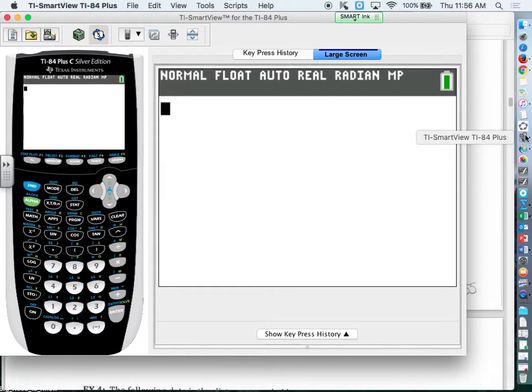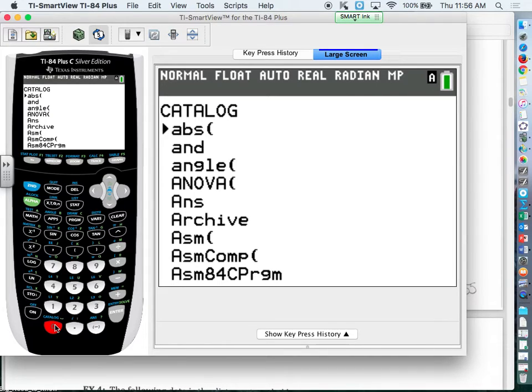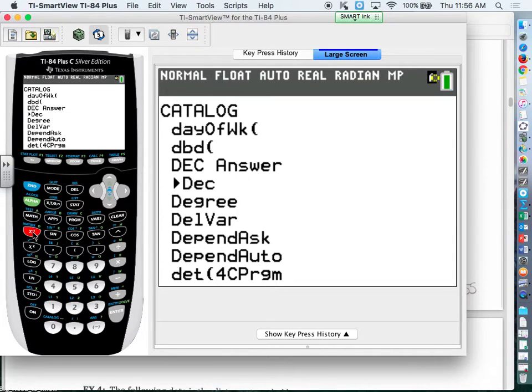So you're going to hit the blue second button and then the catalog button, which is the number 0. All right. And when you do that, you'll see over in this corner next to the battery side an A. That means your alpha lock is on. And what that lets you do is in green you can see the letters of the alphabet. We want to go to the diagnostic test. So that's in D, which is the x to the -1 key.